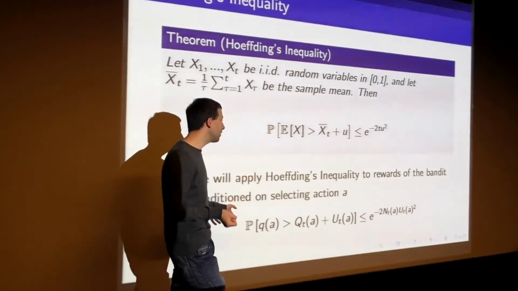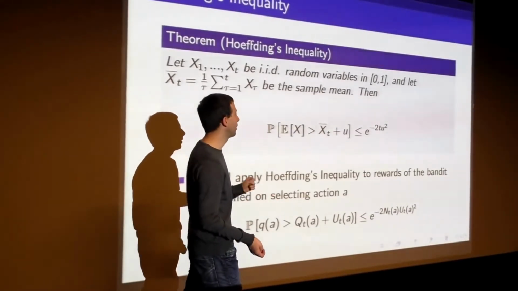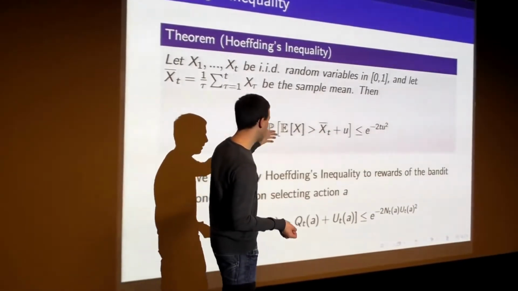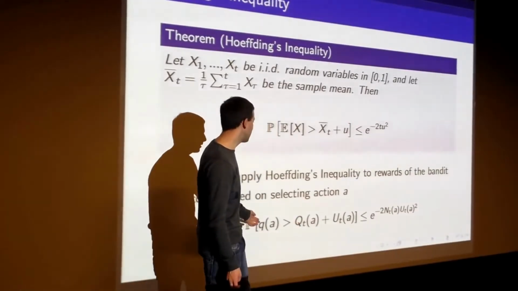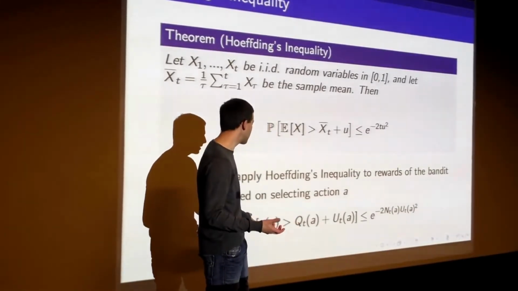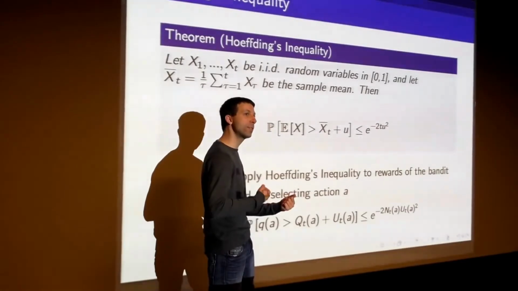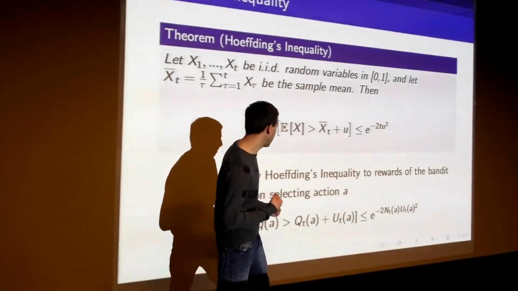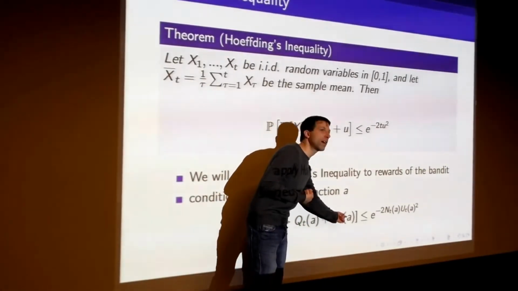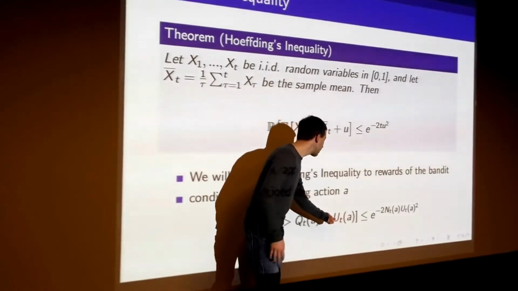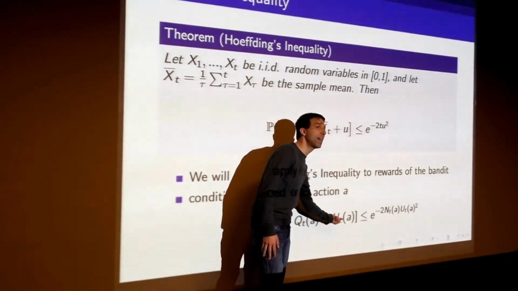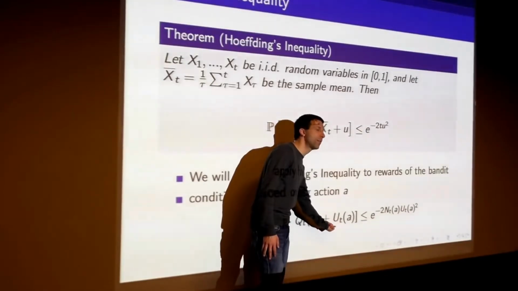All we're doing here is applying exactly the same inequality. Now we see this is basically saying: what's the probability that I'm wrong in my estimate of these Q values by more than my U value? We're going to use this to solve for the U value, to set this upper confidence value to the appropriate amount.